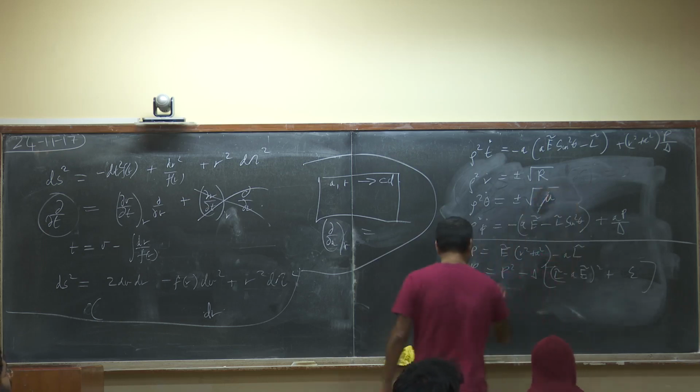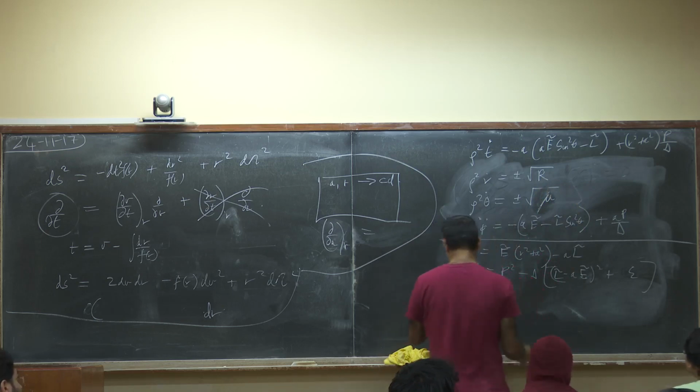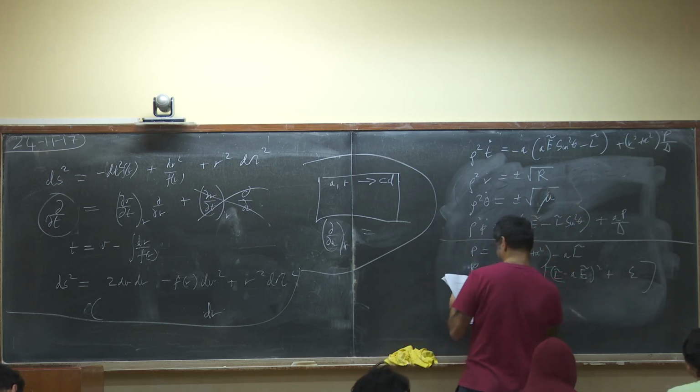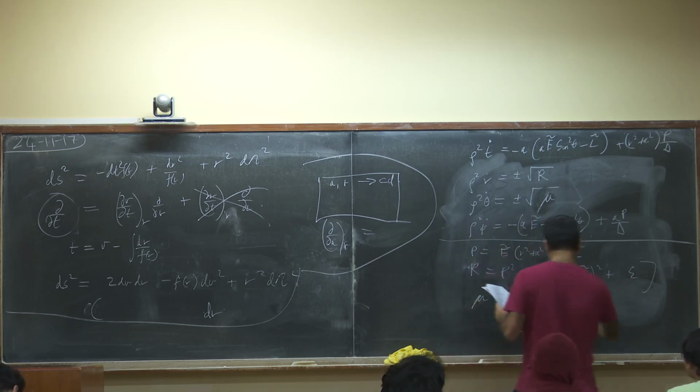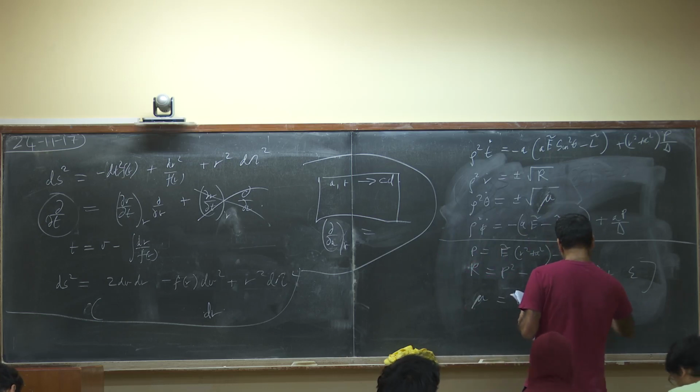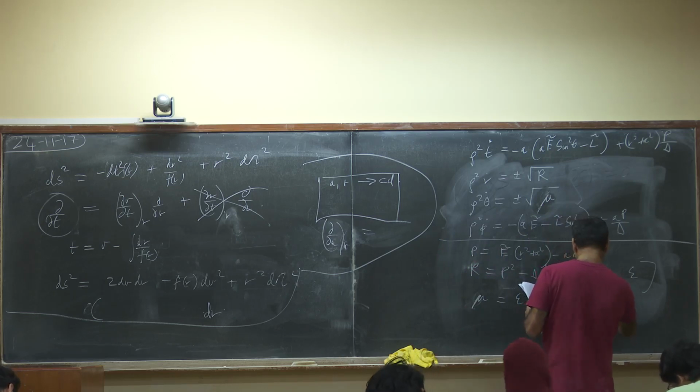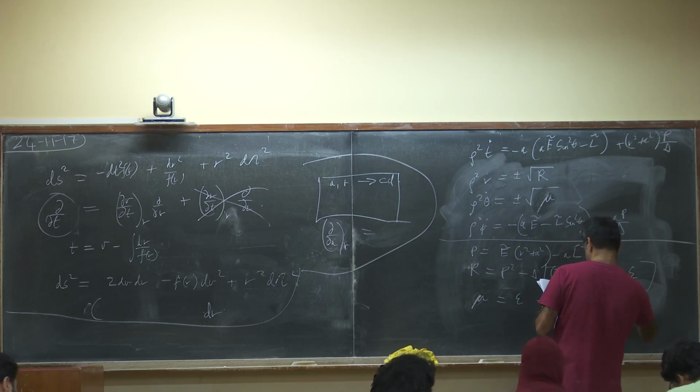Mu is equal to zeta plus cos squared theta a squared E tilde squared minus L tilde squared over sine squared.